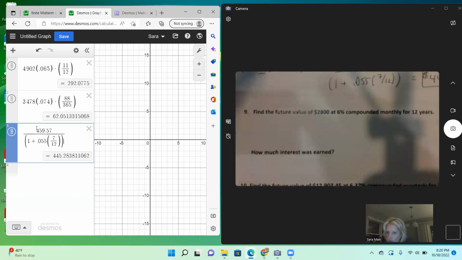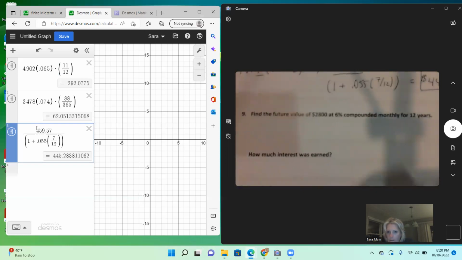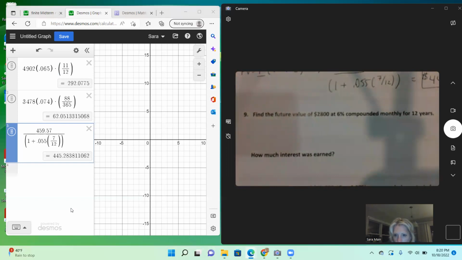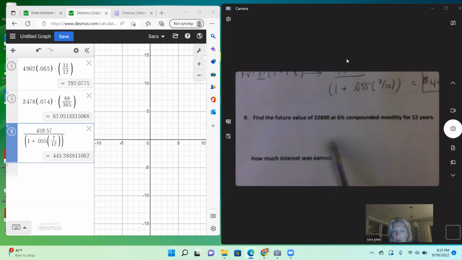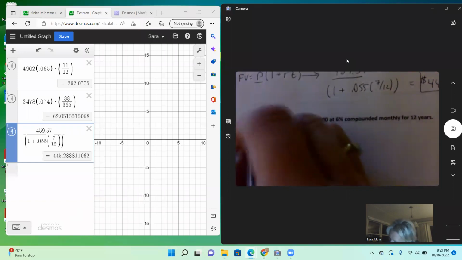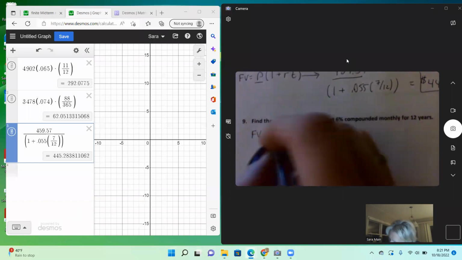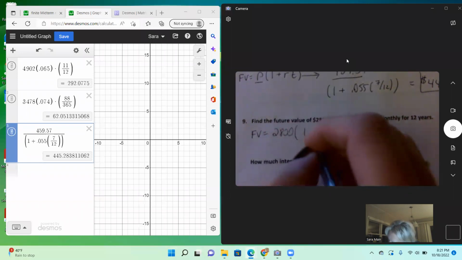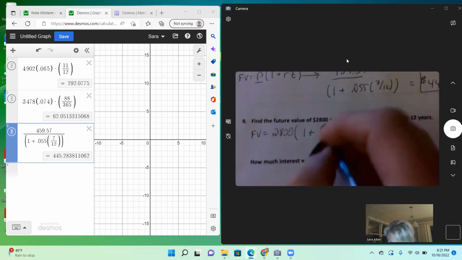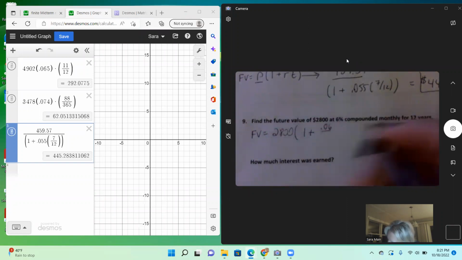So find the future value. So our future value with compounding is going to be our present value times 1 plus our rate divided by 12 for compounding monthly.